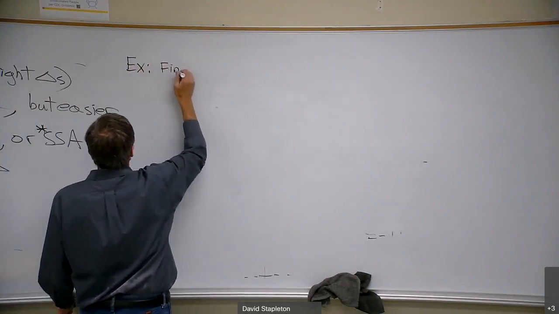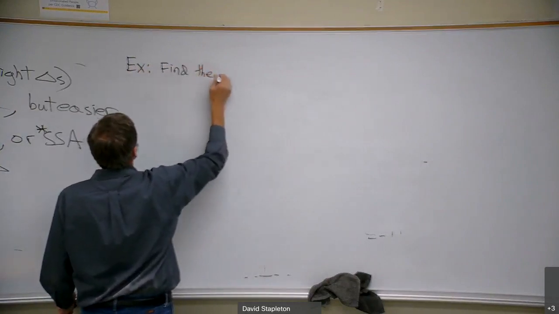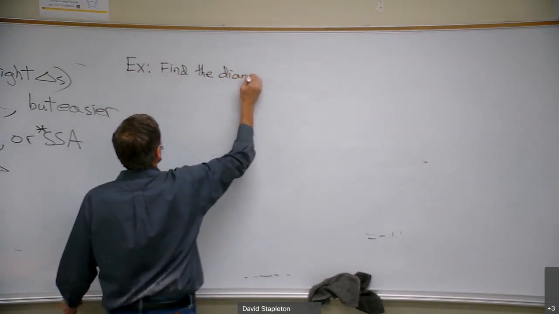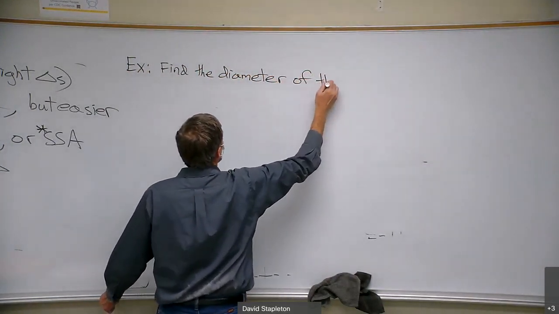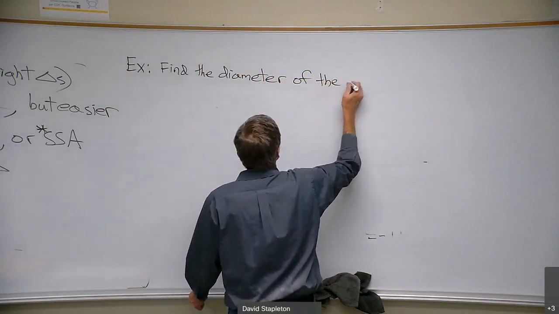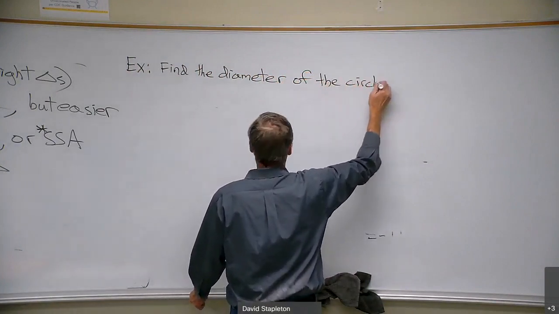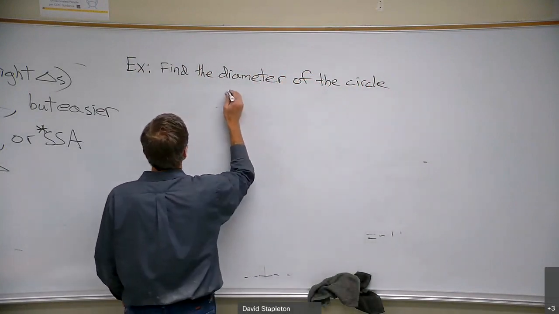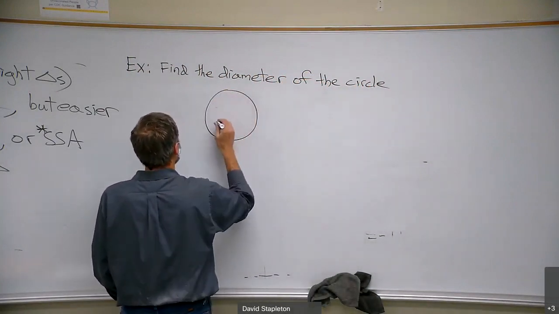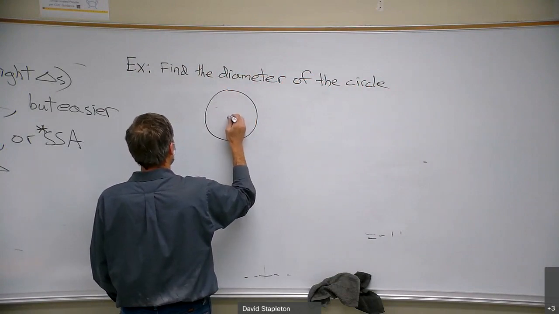Find the diameter of the circle. The diameter is the distance across going through the center point. Suppose I know this about the triangle.